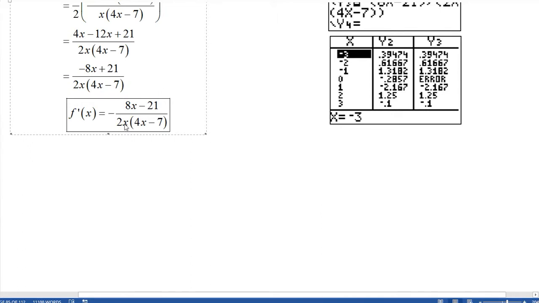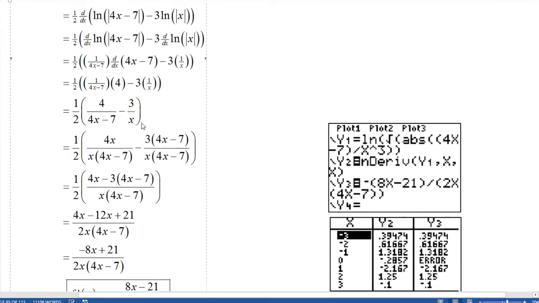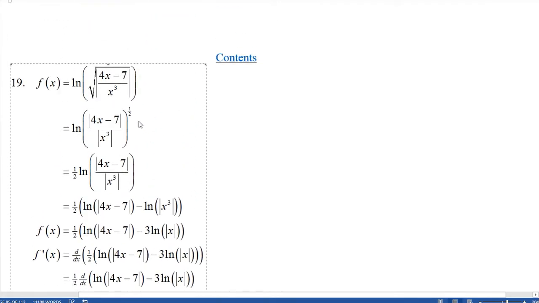Notice that this function is undefined when x is 0 and also when x is 7/4. And those are exactly the only places where the original function is undefined. If x is 0, we're dividing by 0 here, so that certainly makes the whole thing undefined. If x is 7/4, we get 0 divided by non-zero, which is 0. Absolute value, that's 0. Square root of 0 is 0.